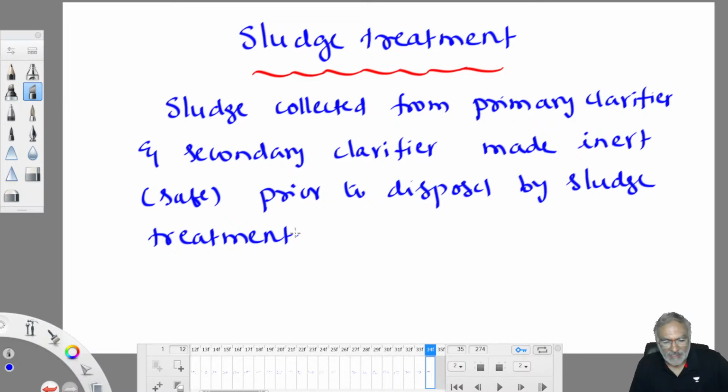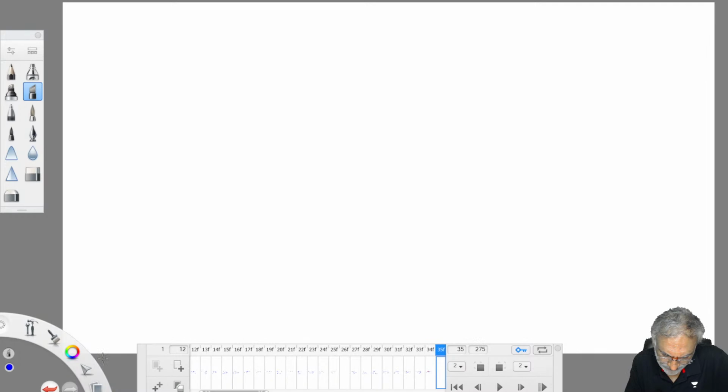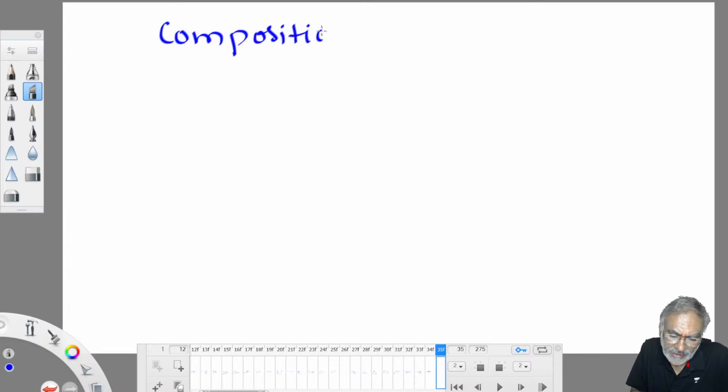So sludge treatment is a little complex process. Before we talk about sludge treatment, let us see the composition of the sludge. A little idea should be there regarding the composition of sludge.